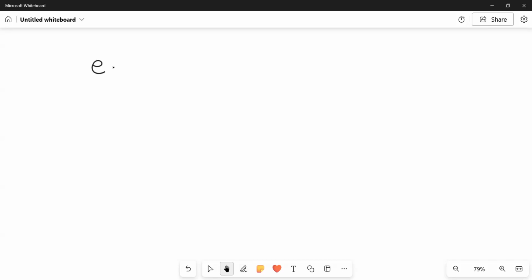What is it equal to? 2.71828 and so on. It's a number very much like pi. We don't have an exact number for it. So they discovered that the number e is naturally occurring in nature.